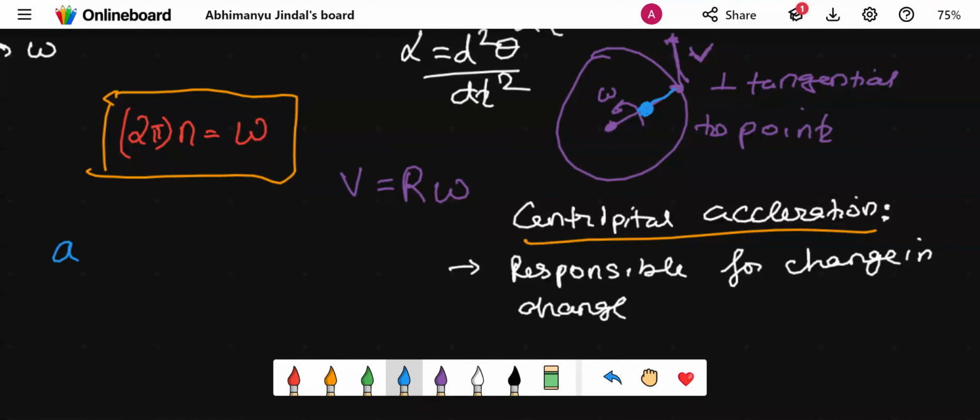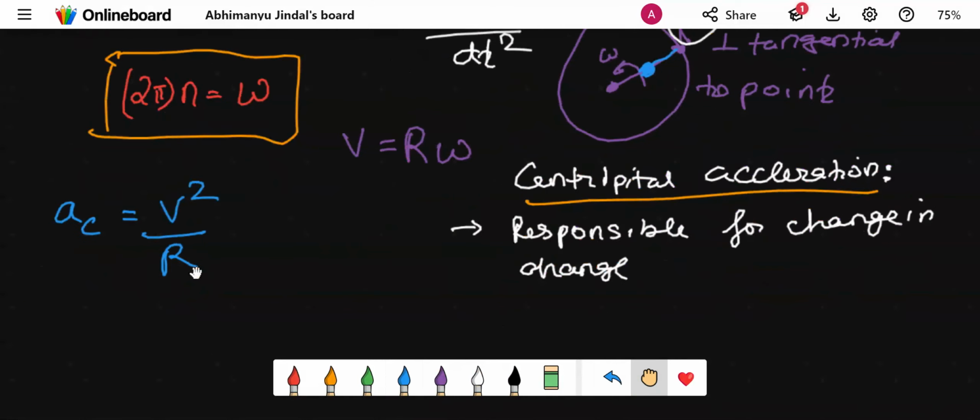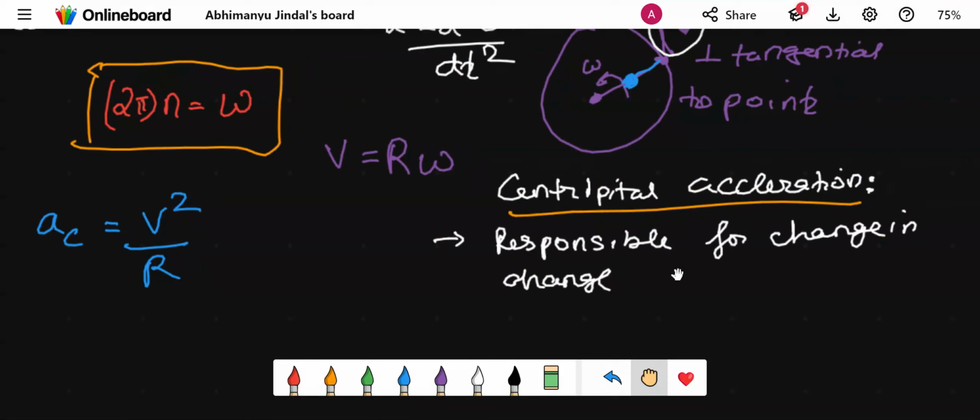The value of centripetal acceleration is v square by r. Here v is the velocity, tangential to the point, and r is the radius. So v square by r is the centripetal acceleration, and this helps to maintain circular motion.